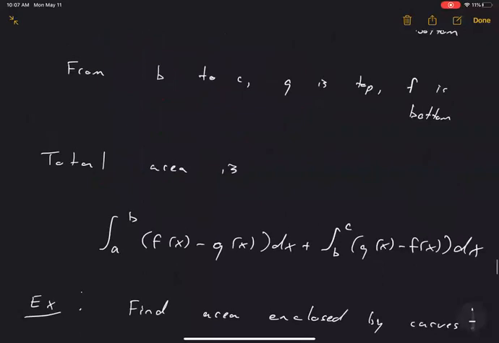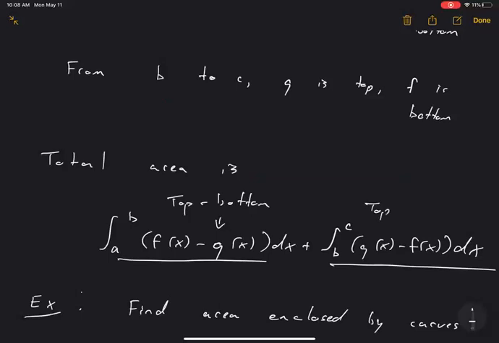So the total area would be the integral from A to B, f of x minus g of x, plus the integral from B to C of g of x minus f of x. So I want to make sure in each integral I have top minus bottom. That's what I have in this left piece. And then at the point B, the curves swap positions.